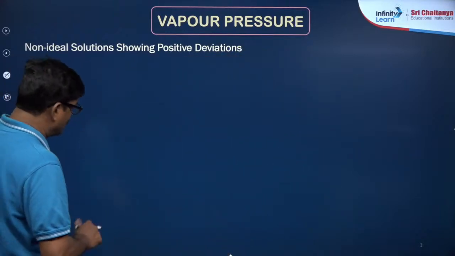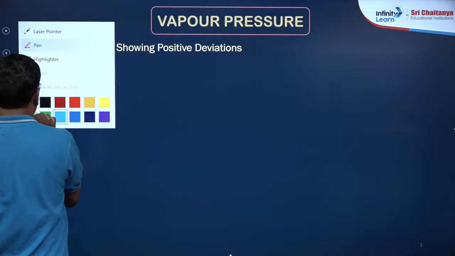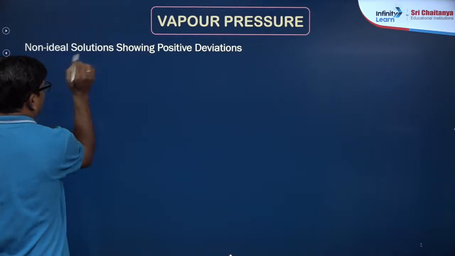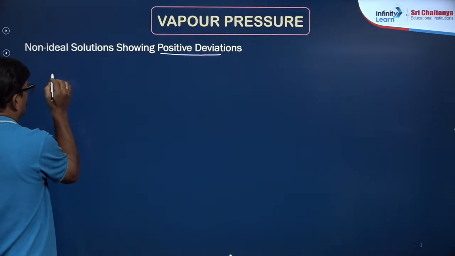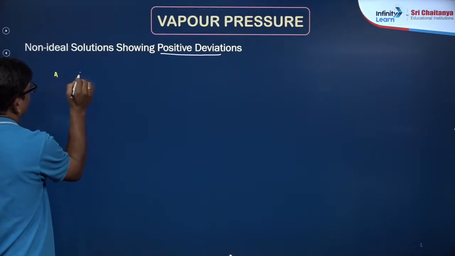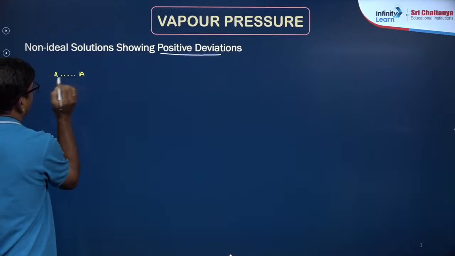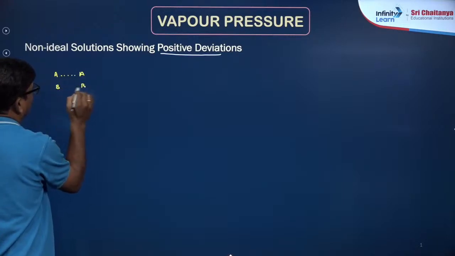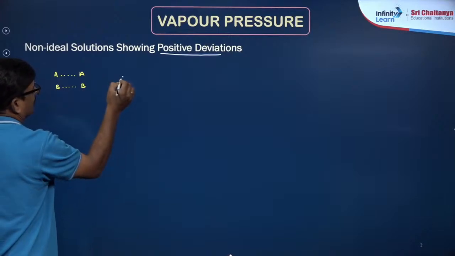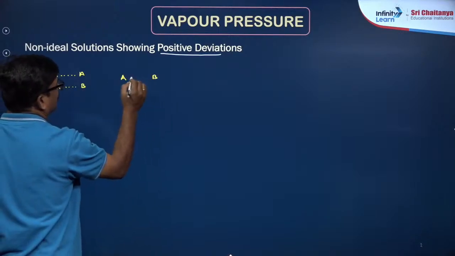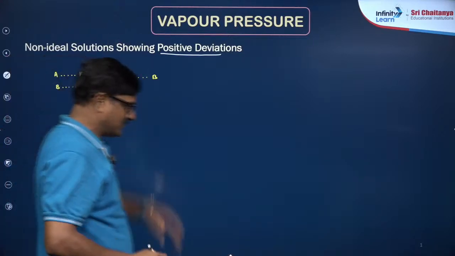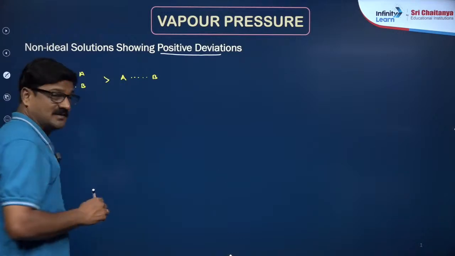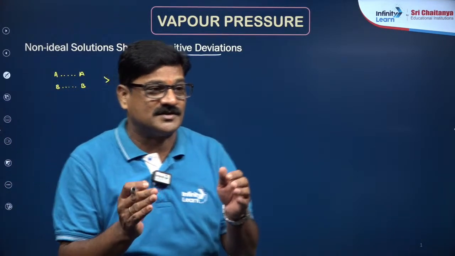For non-ideal solution, let me tell you an example for positive deviation. What is positive deviation? The intermolecular forces between A and A, B and B, and A and B, before mixing and after mixing.